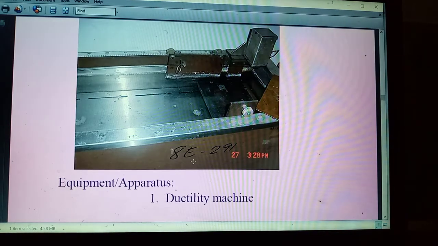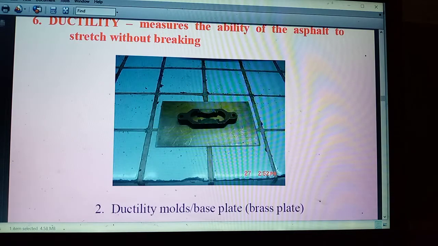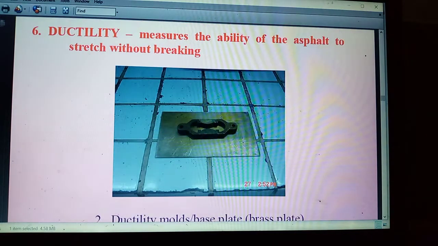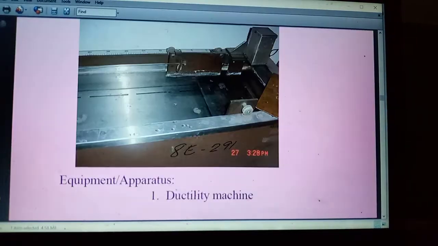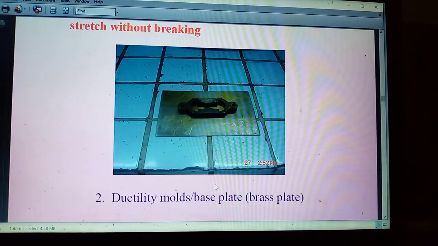Okay? So, unang gagawin natin is, okay, ito pala yung mga gamit. So, unang aparatos natin is ductility machine. Ito, ductility molds or base plate. And base plate. Ang base plate, ito yung nasa ibaba. At yung ductility mold, ito. Itong parang may bibig, okay?